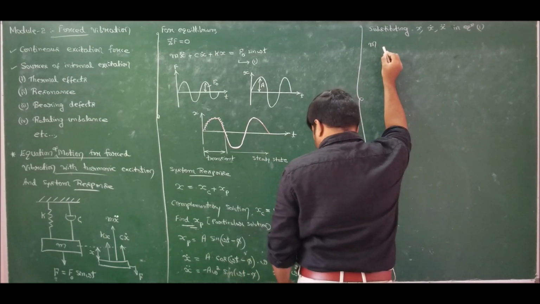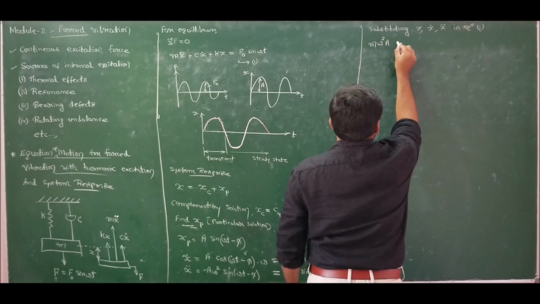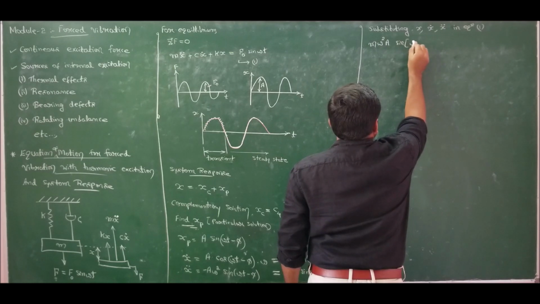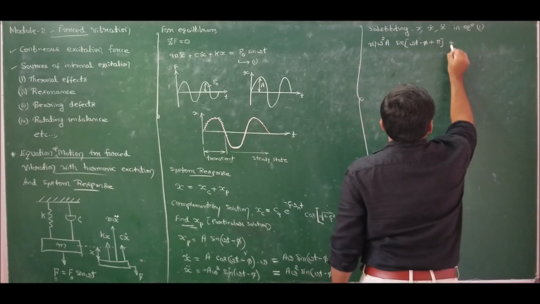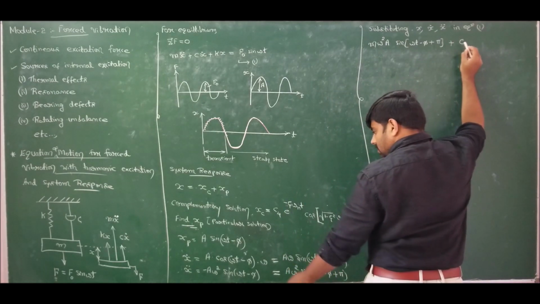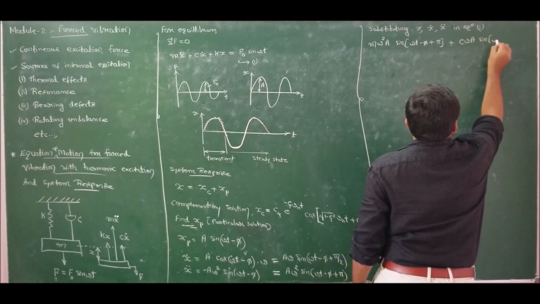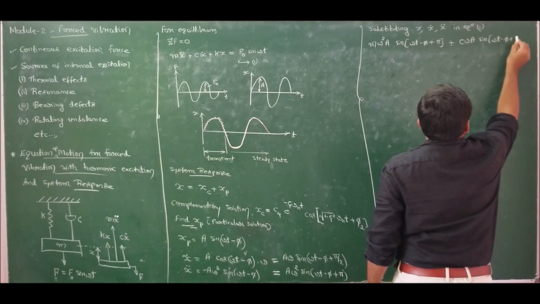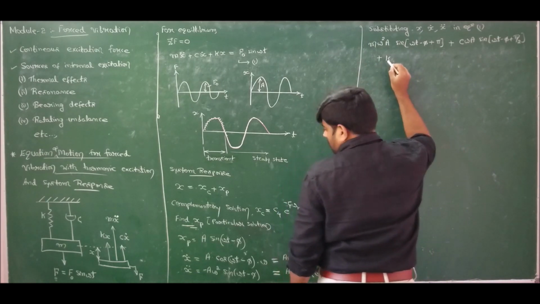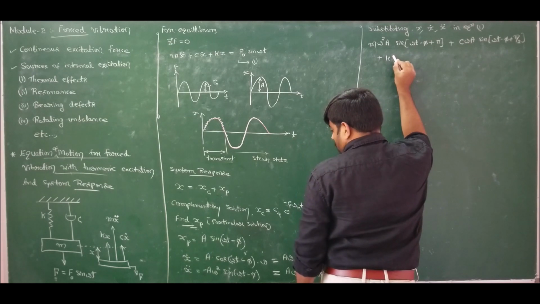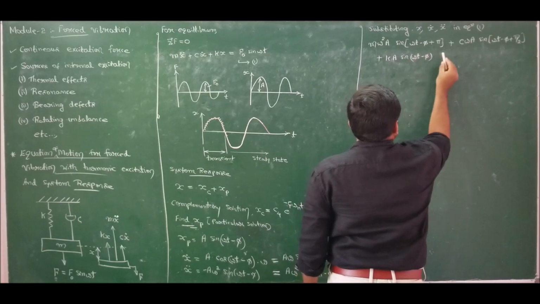M x double dot is nothing but omega square A sine of omega t minus phi plus pi, plus C times x dot, which is omega into A sine of omega t minus phi plus pi by 2, plus k times displacement x for the particular solution, which is A sine omega t minus phi.